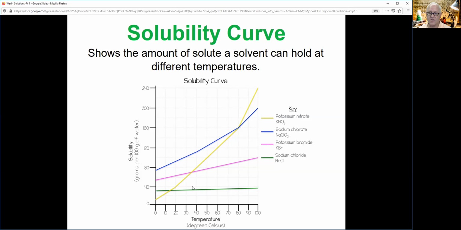And so you can actually dissolve as much as 240 grams of potassium nitrate in 100 grams of water, just by heating it up to 100 degrees Celsius. And so this is just a very simple way that chemists can determine how much solute they can add to a solvent when they're making solutions.